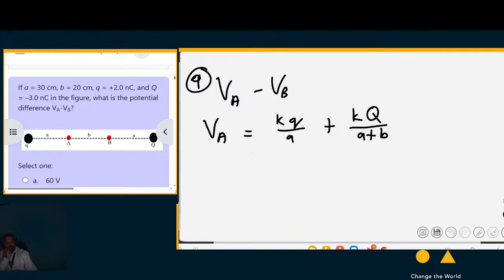Now if you plug in everything we know, we can actually solve for it. A is 30 centimeters, so it's 0.3. K is 9 times 10 to the 9. We can actually take it outside, but I just want to show you. The charge small q is 2 nanocoulomb, 2 times 10 to the negative 9.